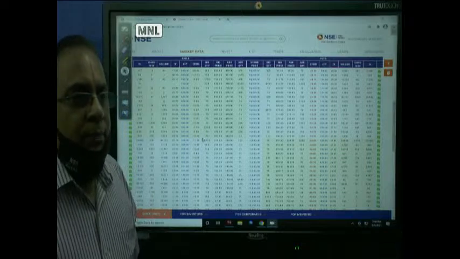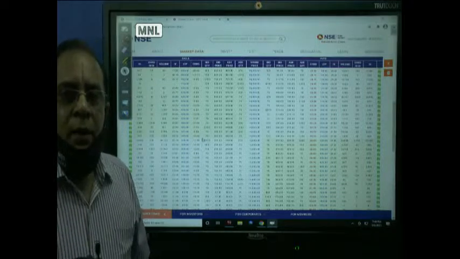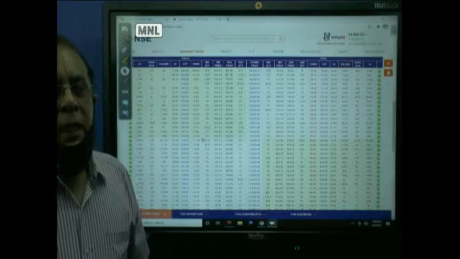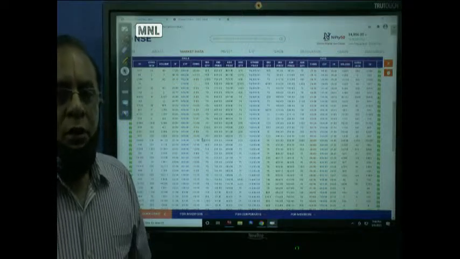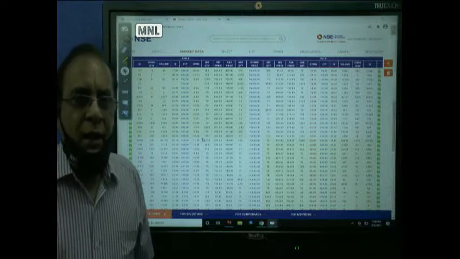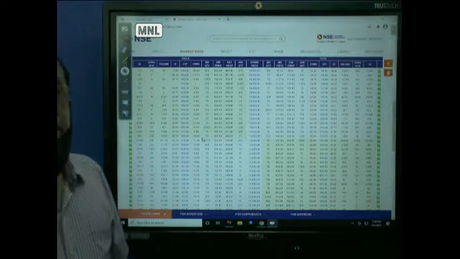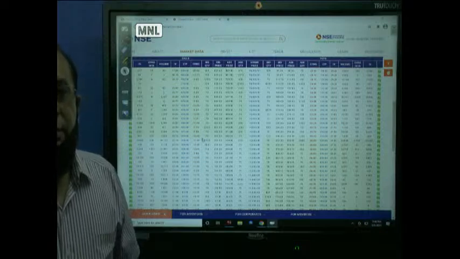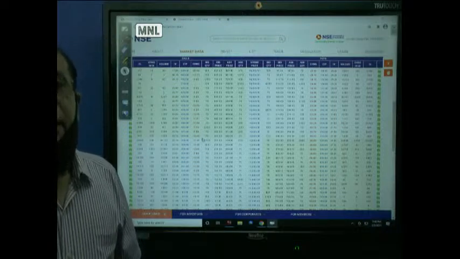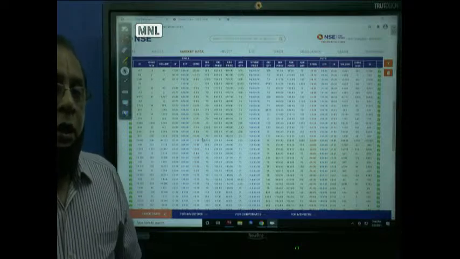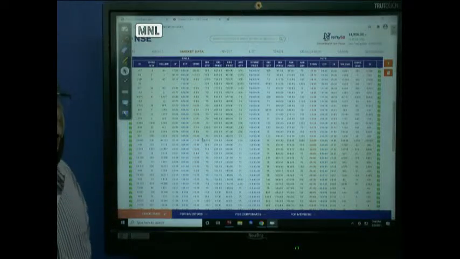So comparatively, this type of analysis helps you a lot in order to reduce the option premium that you are paying, and saves you a considerable amount of the investment amount that is required, and gets you the same return as in the cash market. So if you keep working like this, today is what?